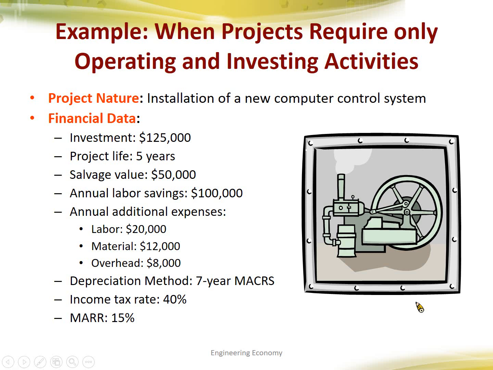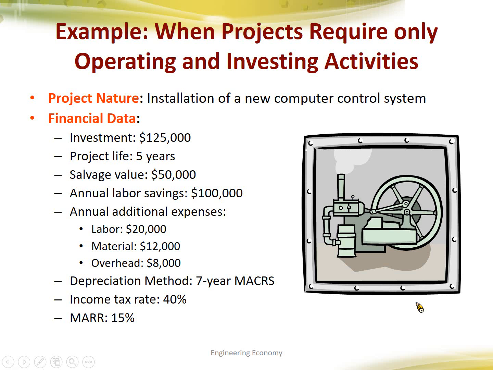Although for the new computer control system, the depreciation method is 7-year MACRS, Modified Accelerated Cost Recovery System. But the project life is only 5 years. A lot of these situations we have seen previously, so I think we can connect them together.